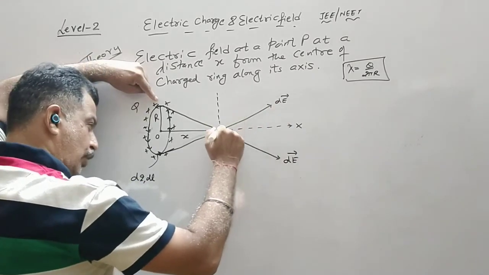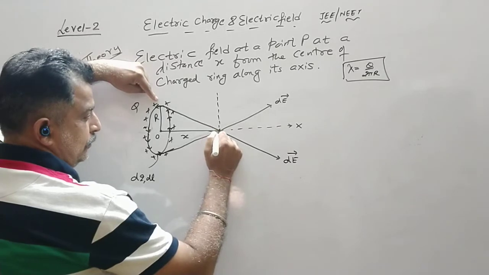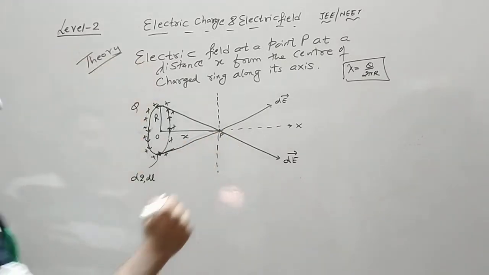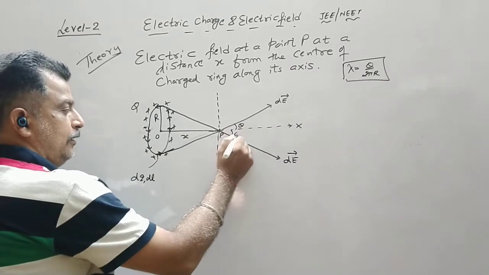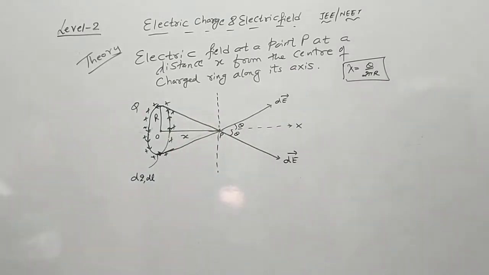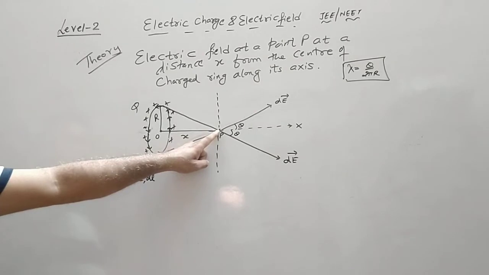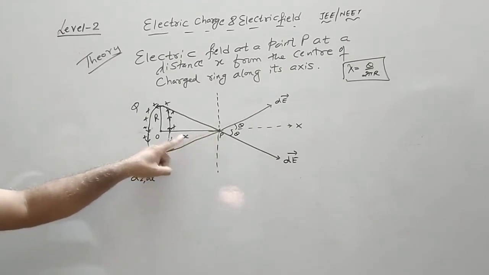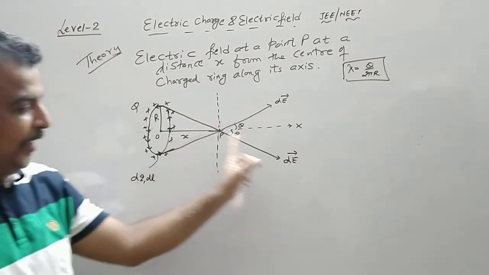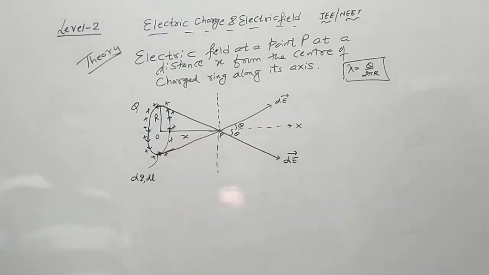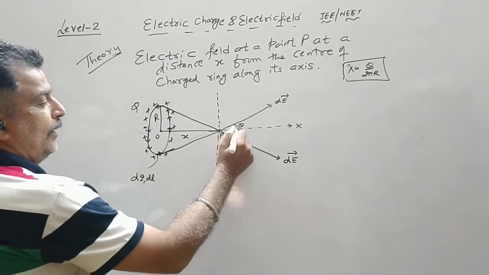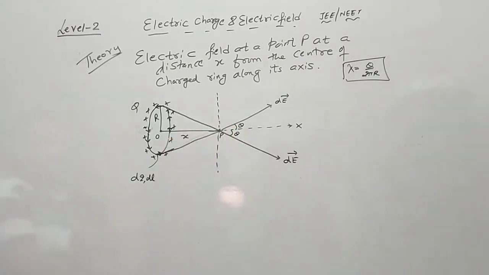Now this is the geometry. This angle is taken as theta. This angle is taken as theta. So if we have a test charge at this point, which is at a distance x, due to this element the electric field intensity is in this direction, due to this element it is in this direction. We take this angle as theta.